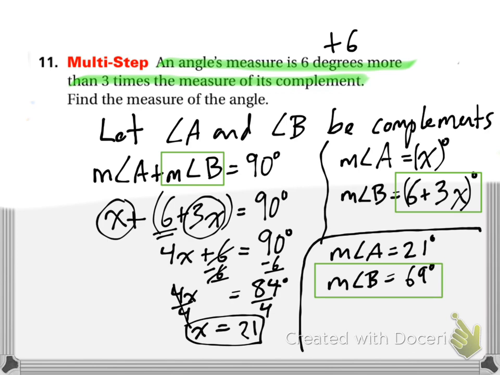Now, you don't necessarily have to have even used the measure of angle B. Someone could have switched it around, used different letters. So really, we just know that that angle is 69 degrees. Okay, so again, I don't expect you to be able to have done this on your own, by no means, but you need to be able to follow it along.